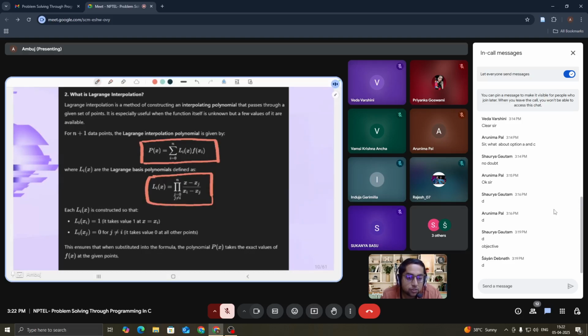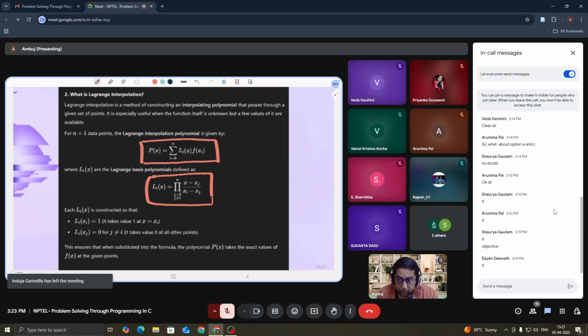This particular condition, j not equal to i, will give you the exact number of terms in the product of the terms (x minus x j) over (x i minus x j). This is the limiting condition. Which is the limiting condition? j is not equal to i. This will restrict the number of terms in the whole product.